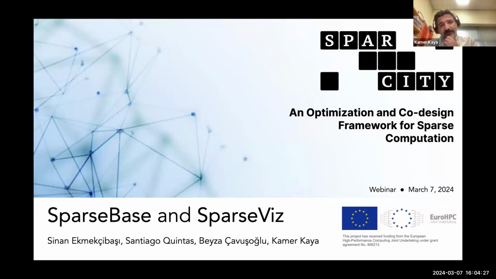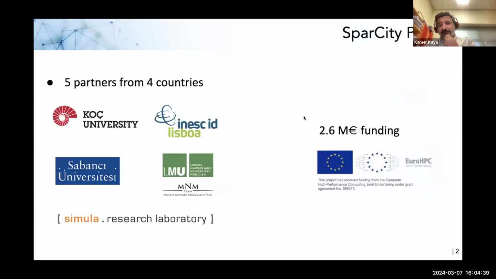Okay, so let's start. Welcome to everyone. Today we will talk about SparseBase and SparseVis. These tools are developed within the Sparsity project, and the project is about optimization and co-design for sparse computations.